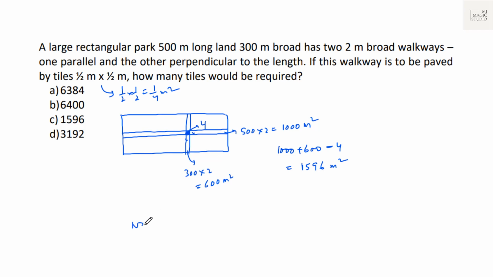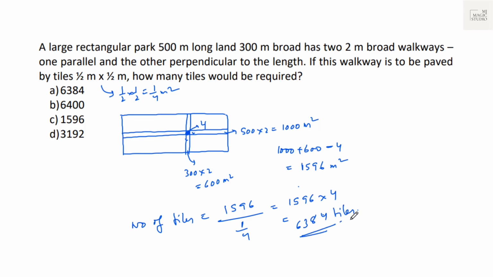The number of tiles required is the area of the walkway divided by the area of one tile, that is 1596 into 4, which is 6384. 6384 square tiles are required, that is option A. This is what we need to focus on, this double area which we have accounted for in these types of questions, which needs to be deducted. Let's move on.